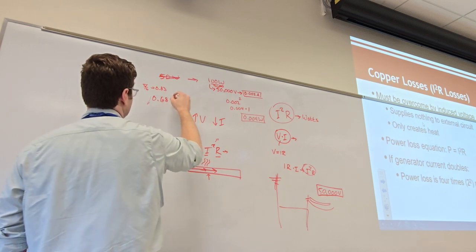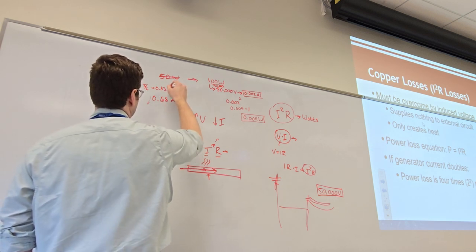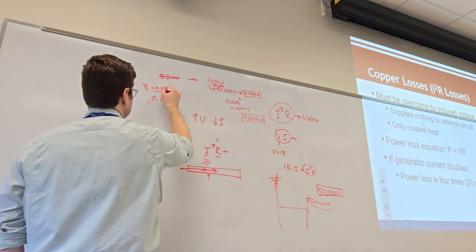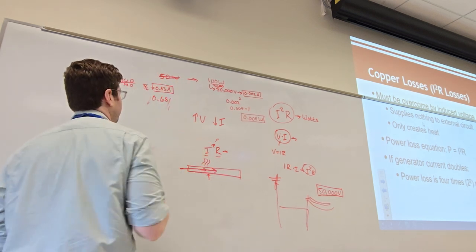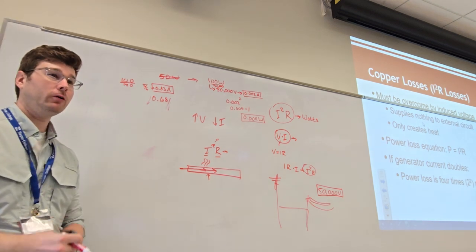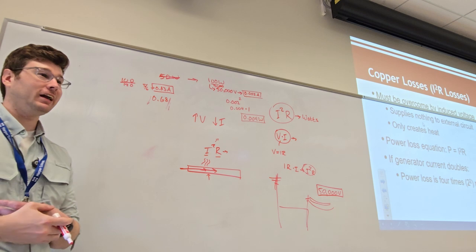Okay, cool, thank you. So, quick maths. It takes 0.83 amps to power that hair dryer.